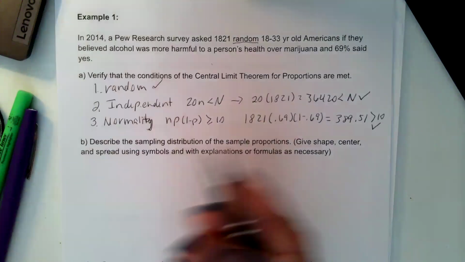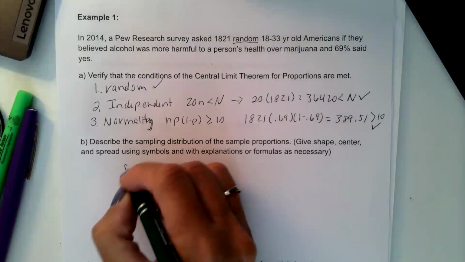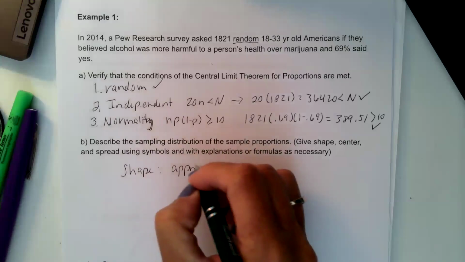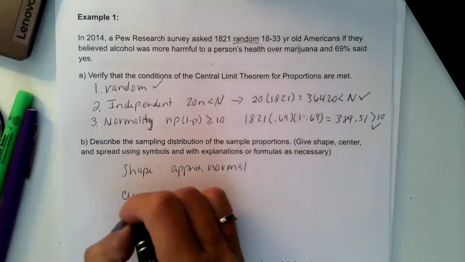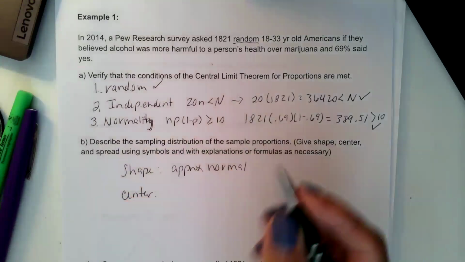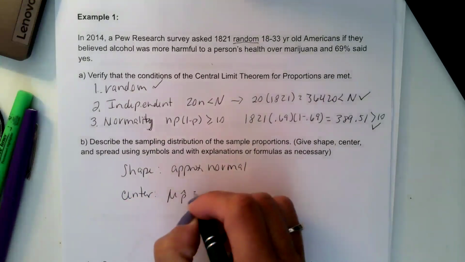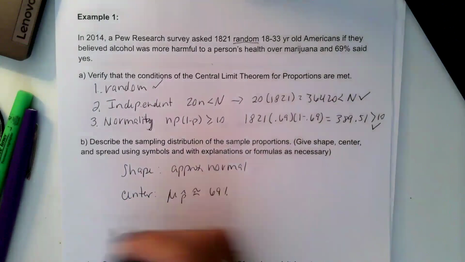And now, since we've met all three conditions, we can say that our shape should be approximately normal. Our center can be used as the mean of the p-hats, which should be approximately that 69%.